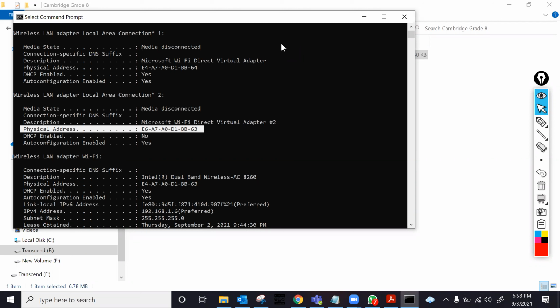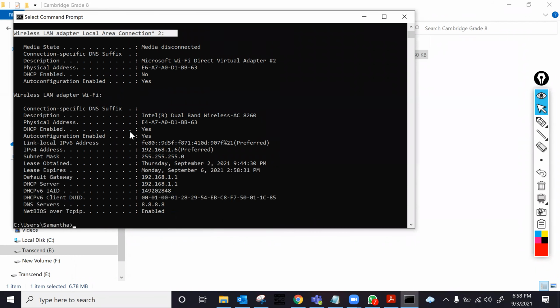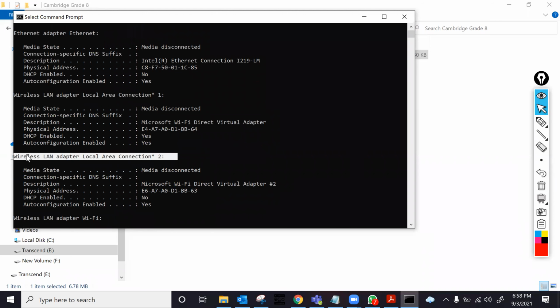Yeah. It's showing 74D4. Okay. And on the top of that, what is that? Is it a wireless or wired local area connection? Is this an Ethernet adapter or wireless LAN adapter? Ethernet adapter, Ethernet 2. This one.